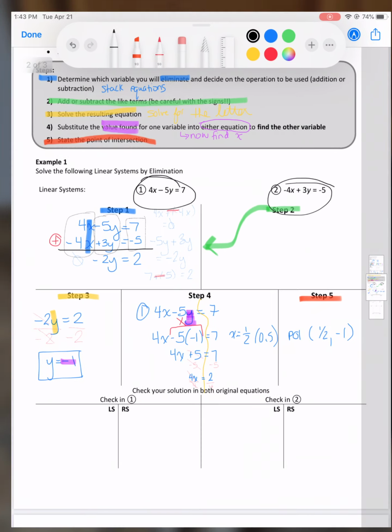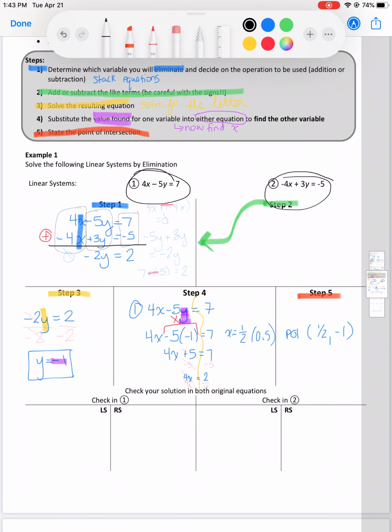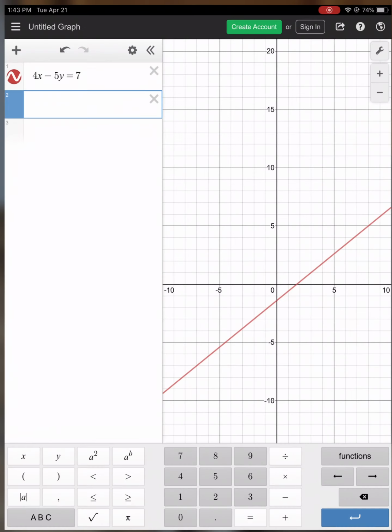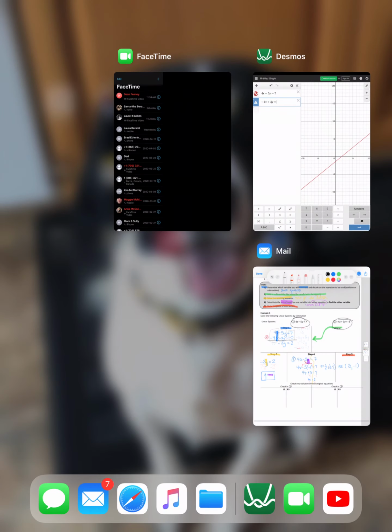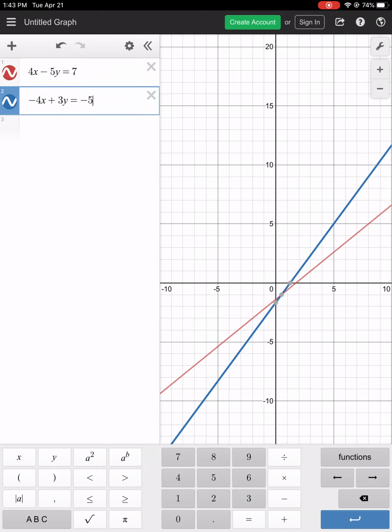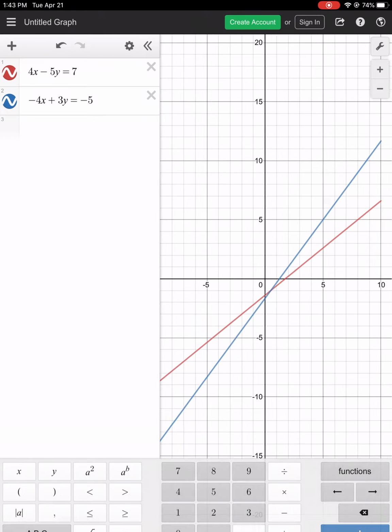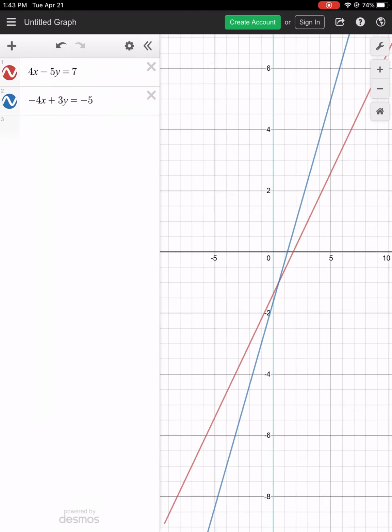And negative 4x plus 3y is equal to negative 5. Okay, there's my two lines. Thank you, Desmos, for graphing them for me.